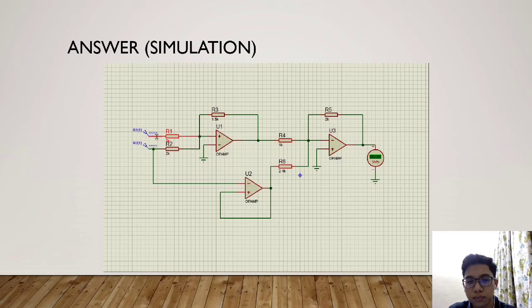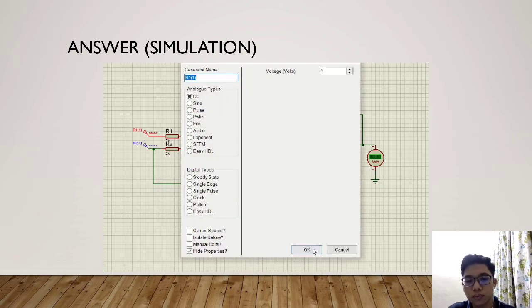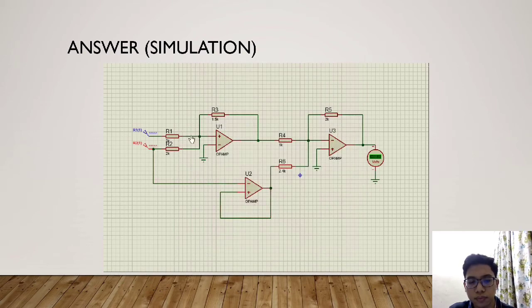For the voltage supply, we supply 4 volt for V1 and 2 volt for V2. As you can see in the circuit, this is a voltage summing and this is a voltage follower. To know the output voltage, we have to simulate. The answer we get is positive 7.33. Therefore, the result from the simulation is acceptable.